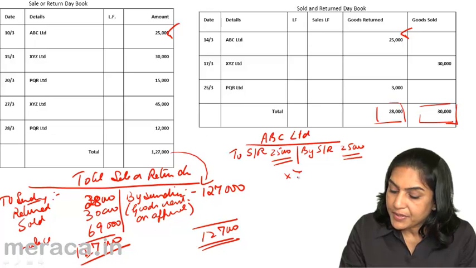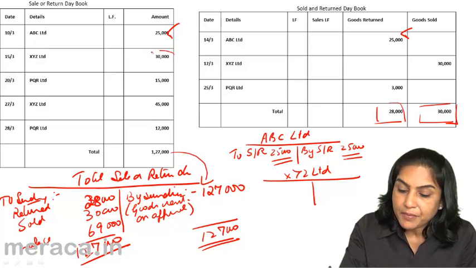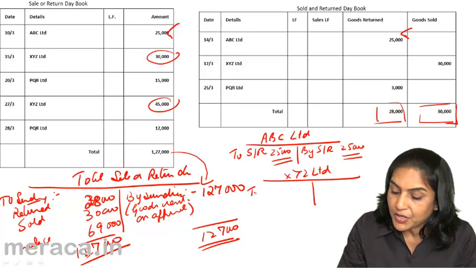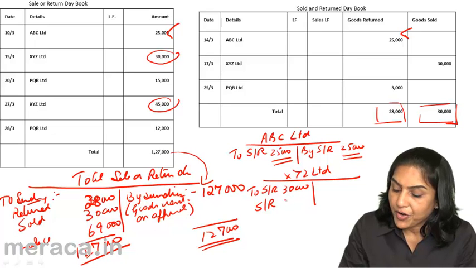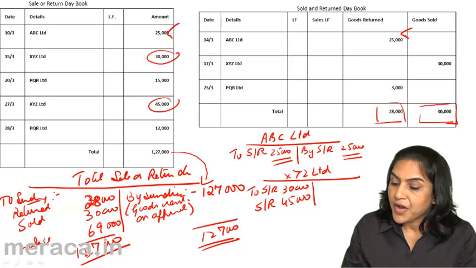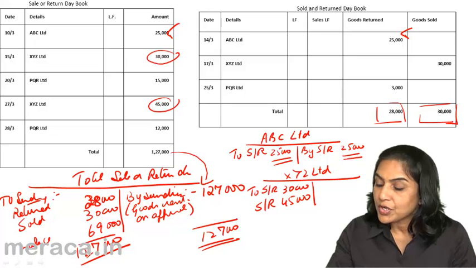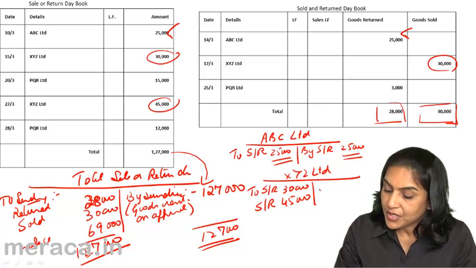Take XYZ Limited. XYZ Limited amount of 30,000 and an amount of 45,000 individually would be posted. So, to sale or return 30,000, to sale or return again 45,000. As far as goods returned is concerned, there is none, but there is goods approved of 30,000 here.